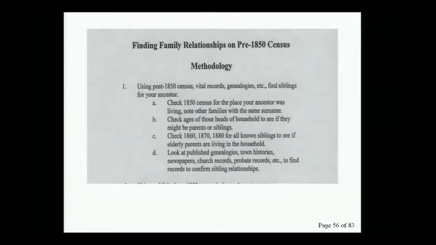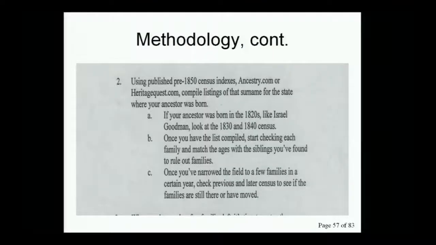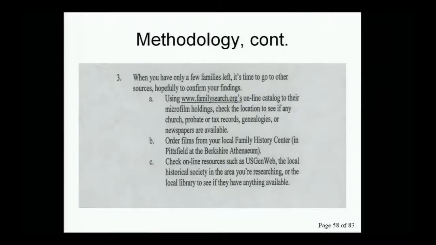We're going to look at the 1850 census, see if we can find our ancestors' siblings. Slide 57, we're going to use the indexes, and we're going to fill in those blanks to see if we can identify the names of the people those numbers represent. And slide 58, we're going to confirm our findings using local records.